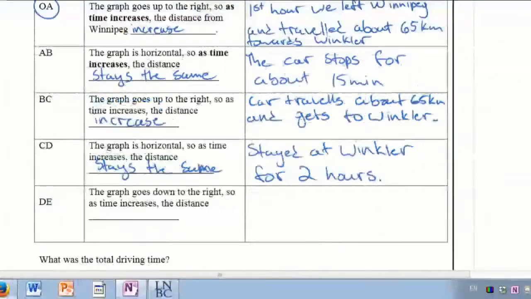So instead of the graph increasing the distance, now the graph is decreasing the distance from where we are to Winnipeg. So the distance away from Winnipeg is decreasing, meaning we're driving back. So what's happening?